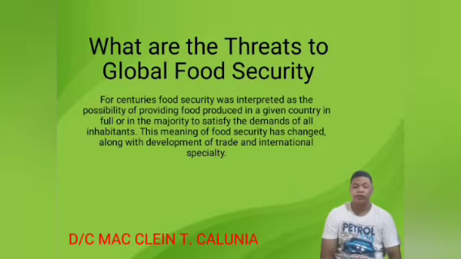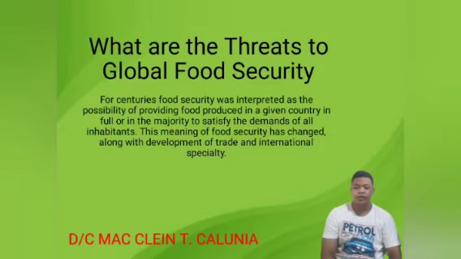Climate change, the vanishing of biodiversity of ecosystems, and the diversity of agricultural cultivars. New plant and animal diseases, and increasing energy and food prices. The losses of food and food waste, as well as speculations in the market, will have a disadvantageous impact on global food security. So, these are the threats to global food security.